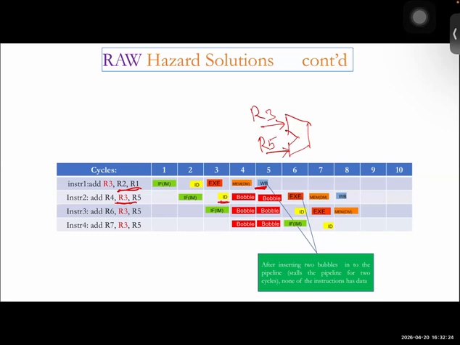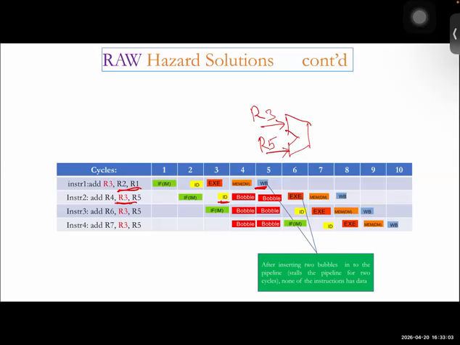Instruction 3 moves into the memory access stage, and instruction 4 enters the execution stage. At the 9th cycle, instruction 3 completes its execution and writes the value R3 plus R5 into the R6 register, and instruction 4 enters the memory access stage. And at the 10th cycle, instruction 4 completes its execution and writes the result into the R7 register.